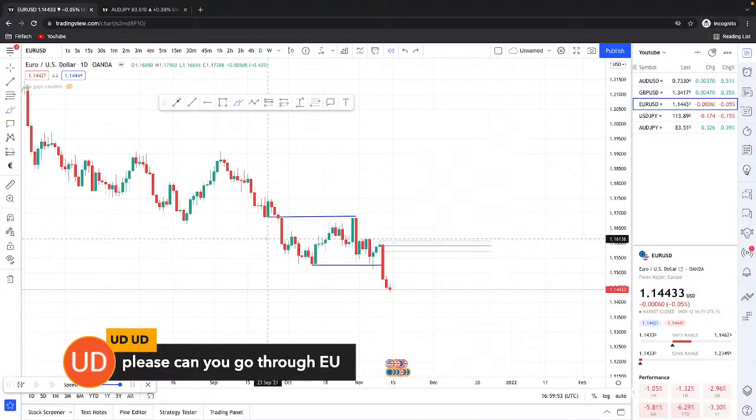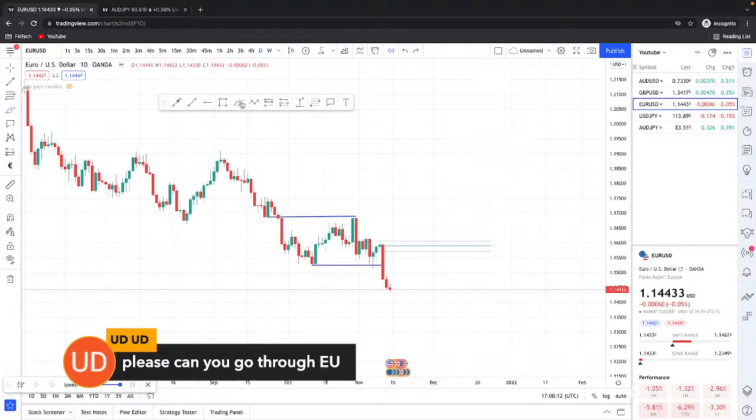Okay, because I see some equal lows formed here as well. So at this point in time you have three possibilities. You just need to write it down: if this, then that; if 50%, then that. Then your mind will be prepared.